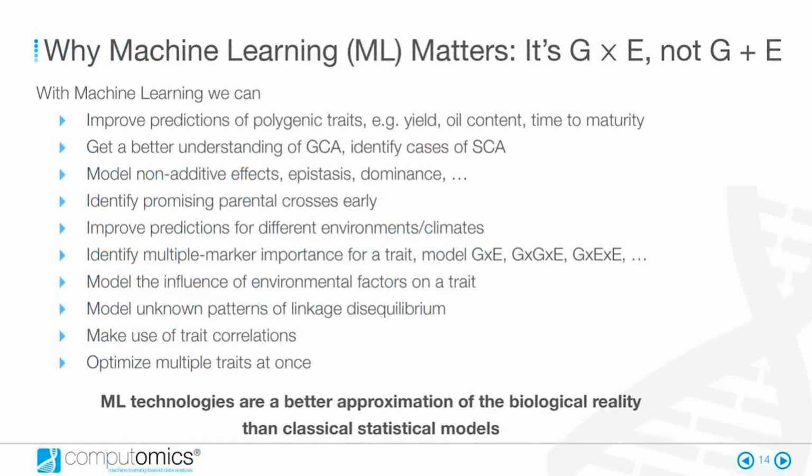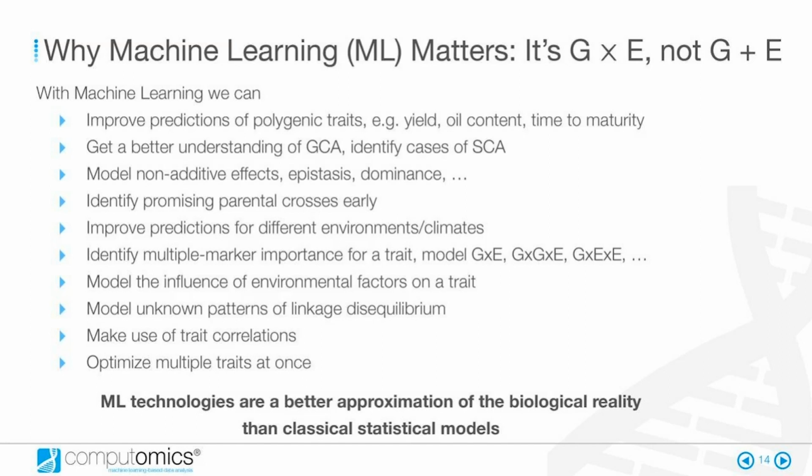So what are the benefits of using machine learning in genomic prediction? The prediction accuracy for monogenic traits is pretty similar between classical statistical models and machine learning approaches. But machine learning approaches can considerably improve the prediction accuracy for complex polygenic traits, such as, for example, yield or oil content.